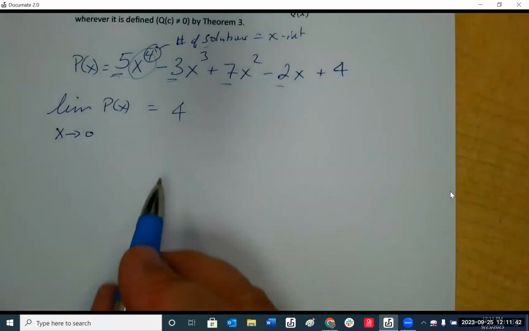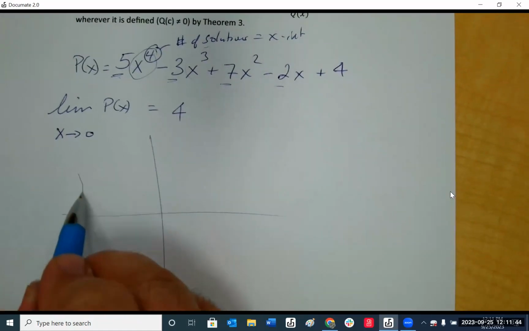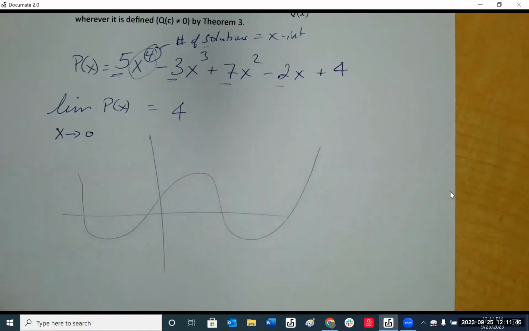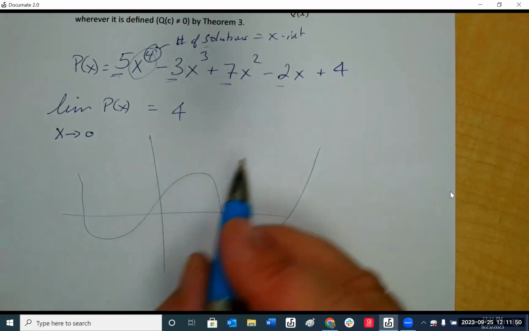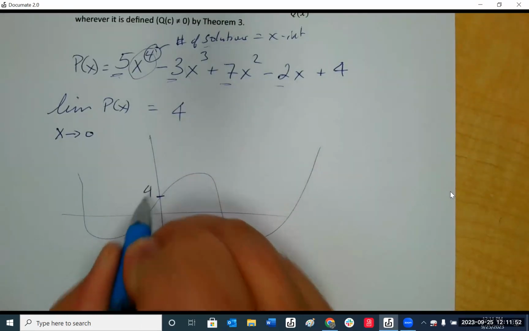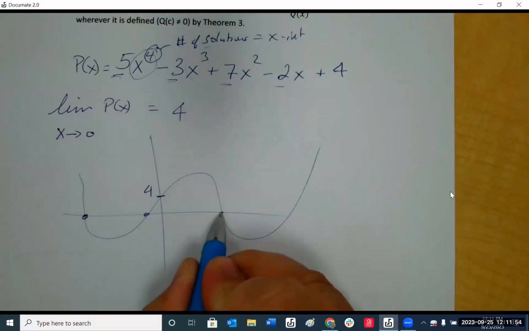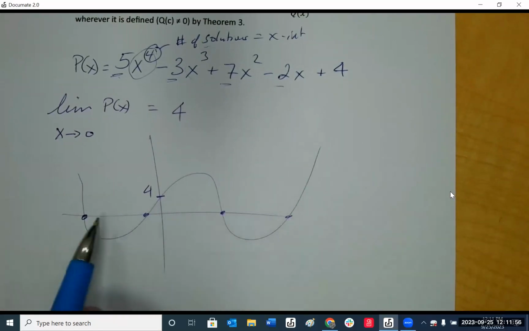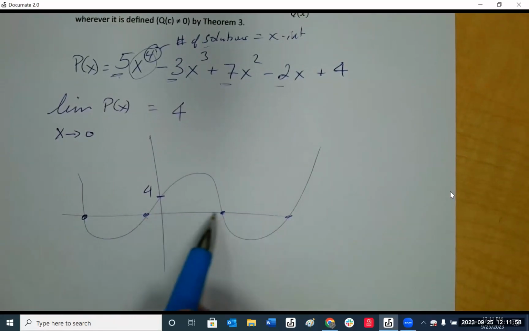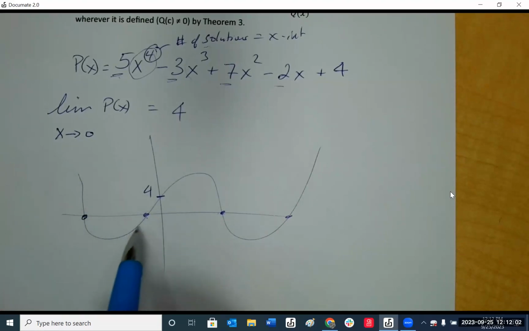So this one would look something like this. We know that it would have a y-intercept of 4, exactly. So in essence, we only have really 2 turning points. It goes down here, then it goes up.